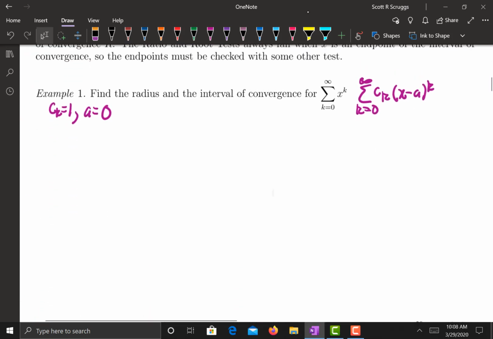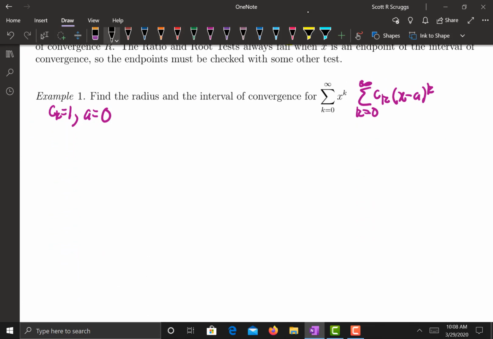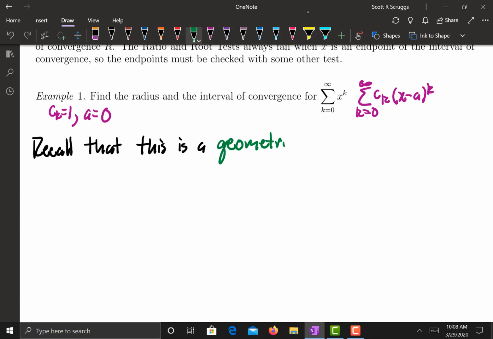So because of that, I'm going to make that note now. Recall that this is a geometric series, and we recall what makes a geometric series convergent.